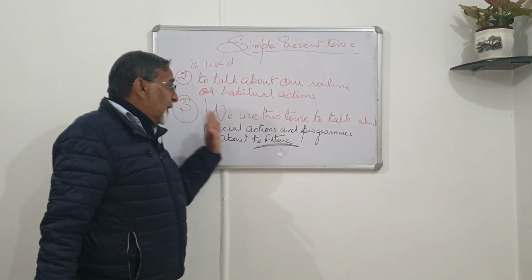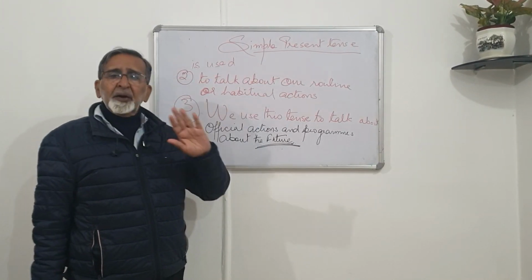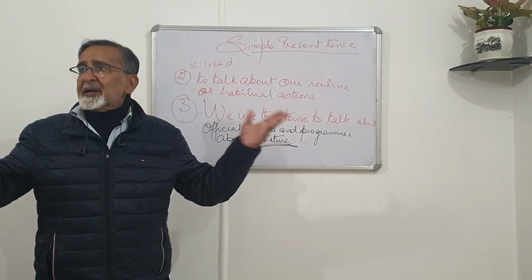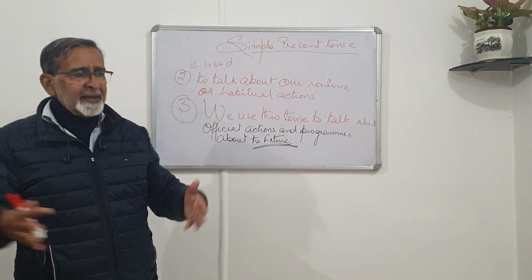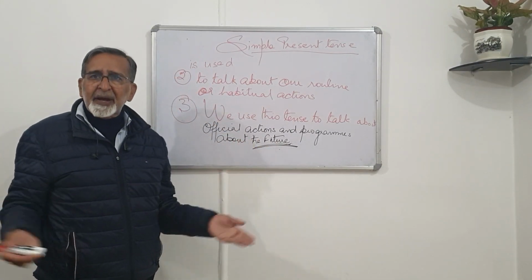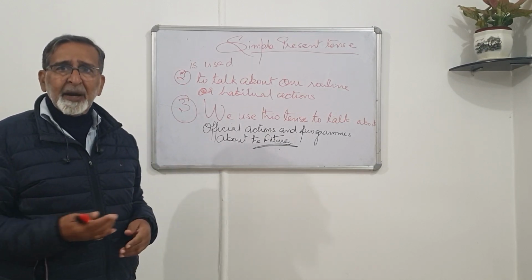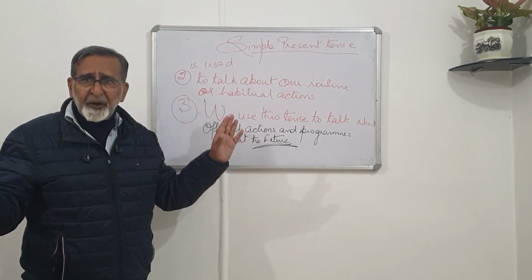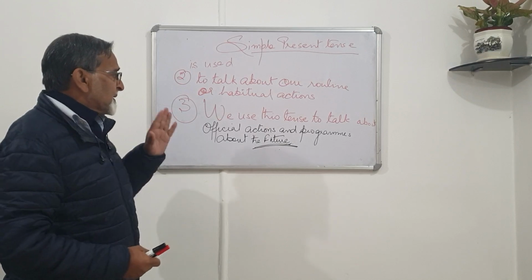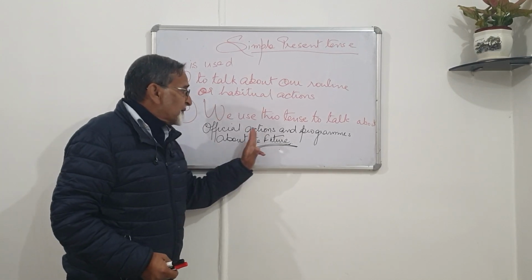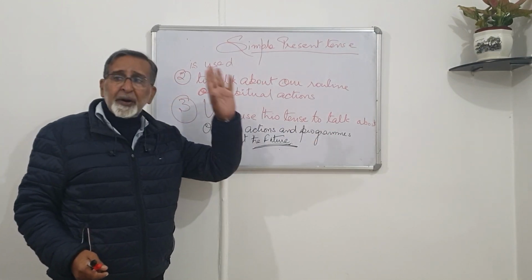So, official actions generally do not change until unless calamity occurs, tsunami आ जाए, earthquake आ जाए, जिसकी वजह से प्रधानमंत्री को अपना प्रोग्राम कैंसिल करना पड़ जाए. That is different altogether. We are not talking of those circumstances. But you understand what official actions are. Now, official programs.